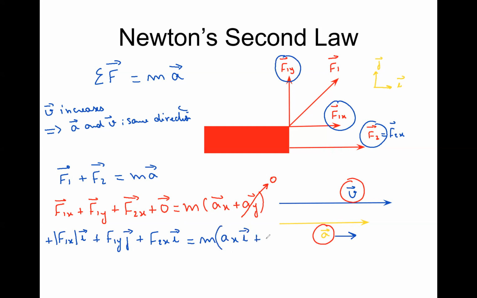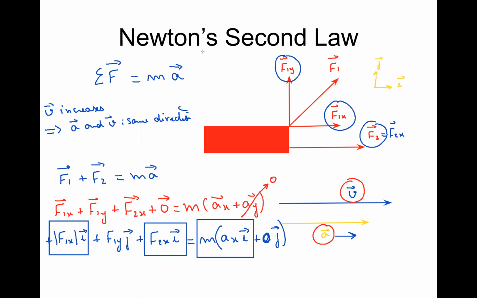We don't have J, we have 0 J. To solve this one, we have to take the I here and I here together, and for the J component also, here we can take the J component.